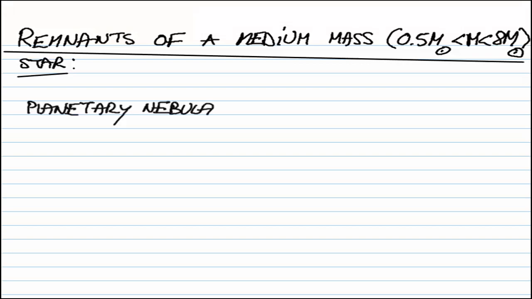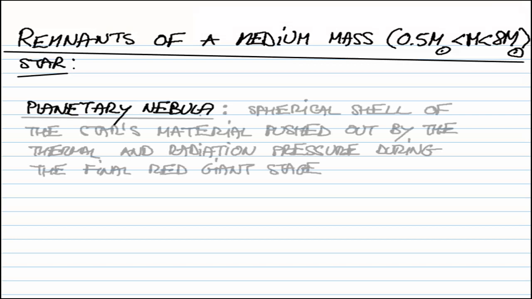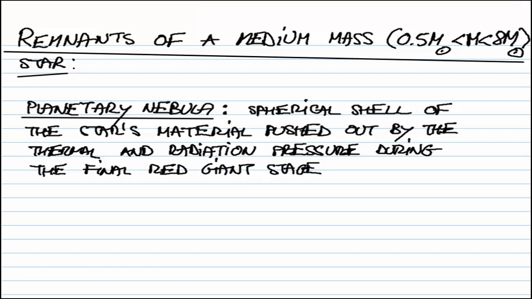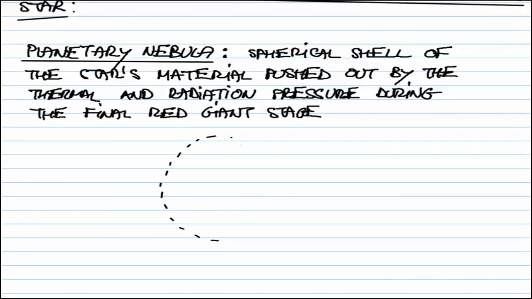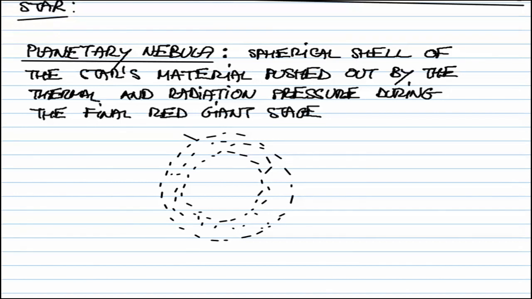They are planetary nebula. They're composed of the star's material that is pushed out by the thermal pressure and radiation pressure during the final red giant stage. Okay, so we have this spherical shell of material that is pushed out by pressure, right?